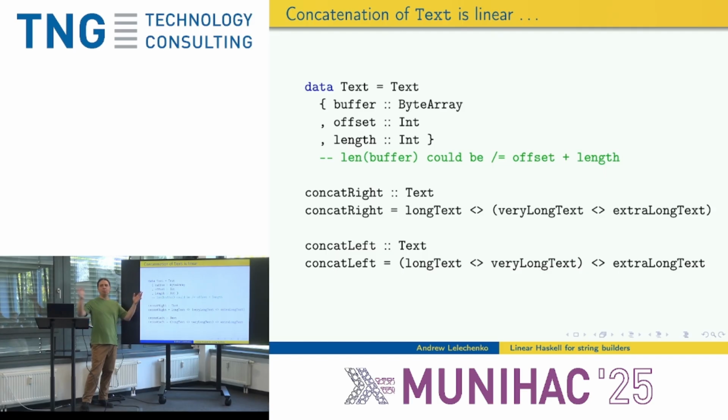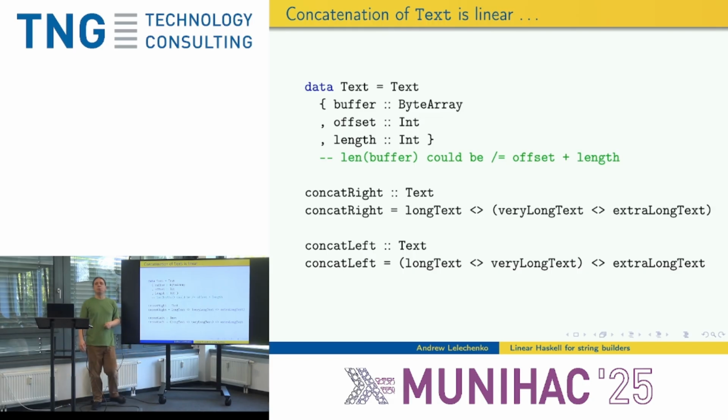Because maybe it was a huge byte array, and maybe I sliced it in a couple of pieces. So maybe my string doesn't start from the beginning of that array. Maybe it starts from some offset. And we also say that my string has some length starting from the offset. All good, quite reasonable. There could be empty space in this buffer after offset plus length.